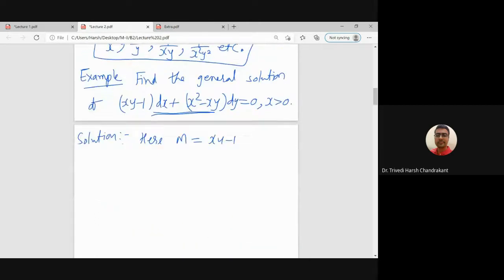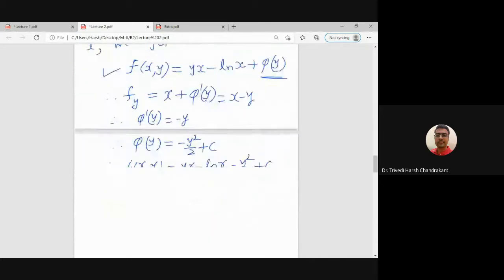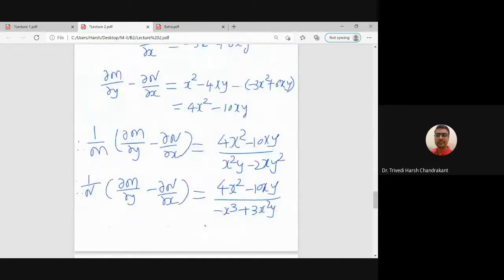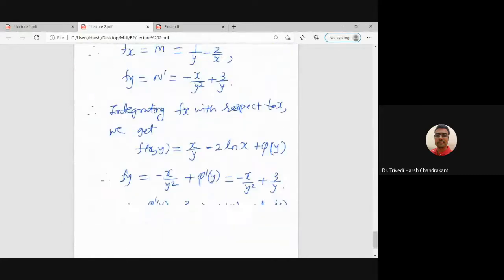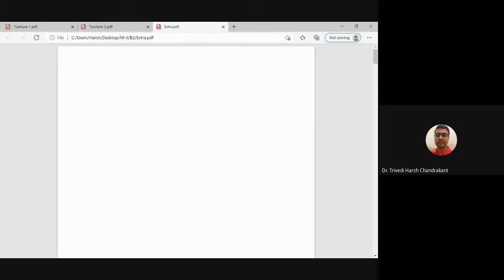So let's see if we can cover one more example of the final type, so that will complete this topic. Okay, so example.